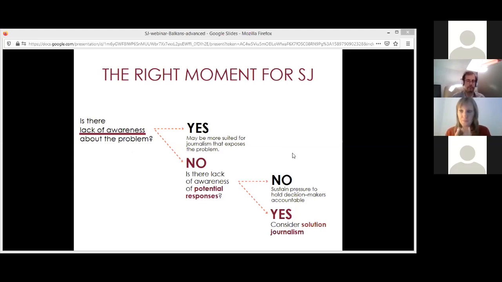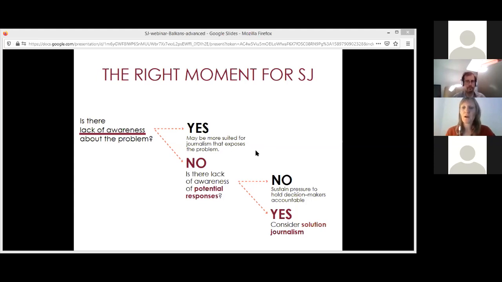Or, and this is where you can make a big difference as a journalist, maybe those in power, the mayor, the officer in the office, simply don't know what to do about it, because they don't have the ideas, and you can bring it to the public debate.